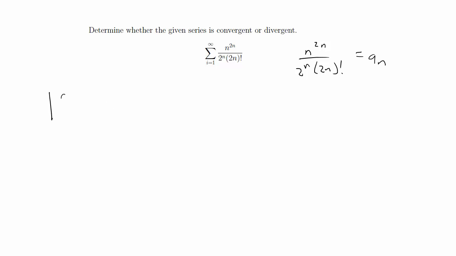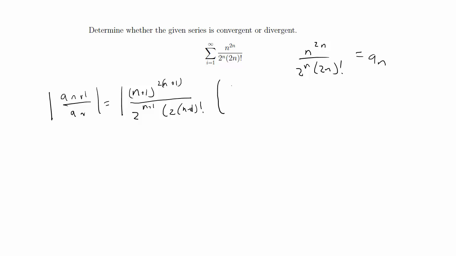Then the absolute value of a_(n+1) over a_n is the absolute value of (n+1)^(2n+1), and you just want to make sure you get the parentheses in correctly so you can distribute later. Then that's going to be to the 2n+1 times (2n+1)! Then you're going to divide by a fraction, so you might as well multiply it by the reciprocal over n^(2n). That's going to be an absolute value.